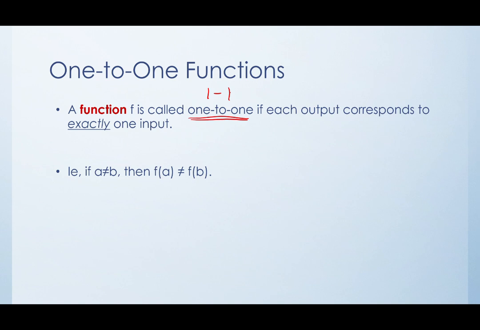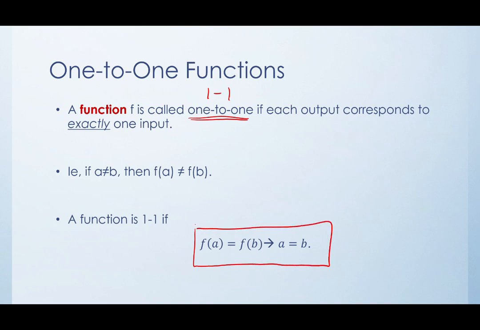They're not equal. So a function is one-to-one if f of a equals f of b implies that a equals b. So in other words, if your outputs are equal, then the inputs are equal. Okay, so if it doesn't meet that, it's not one-to-one.